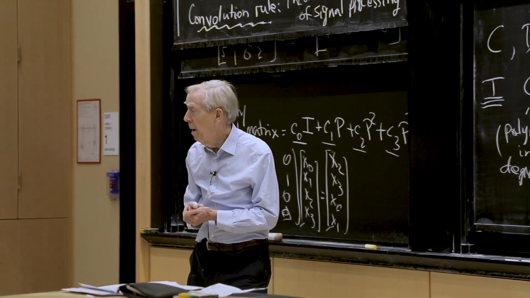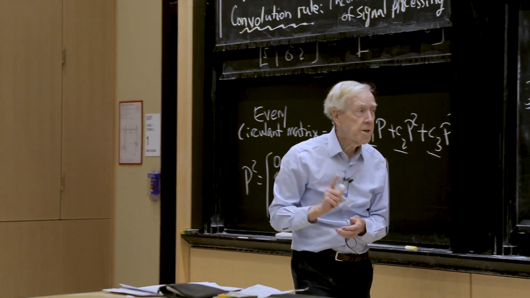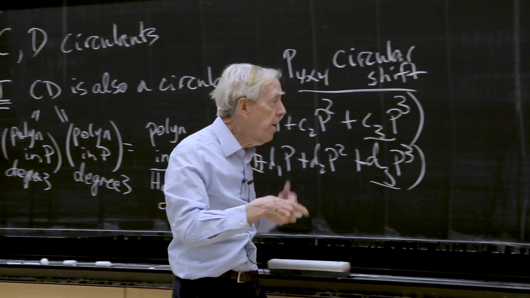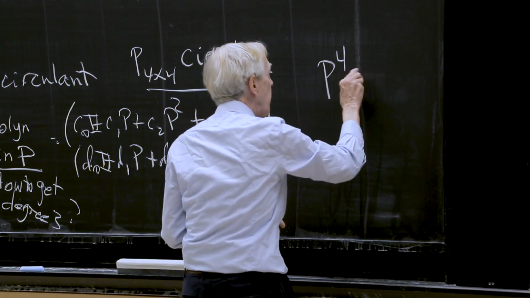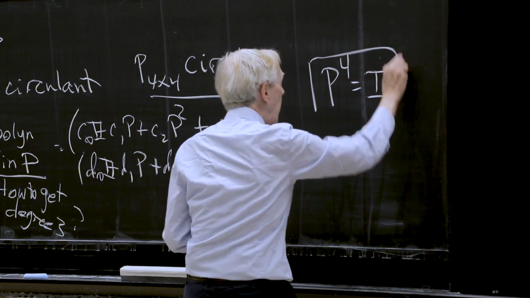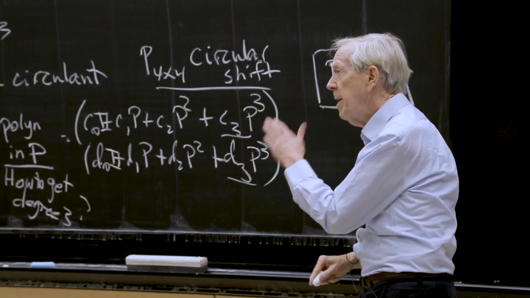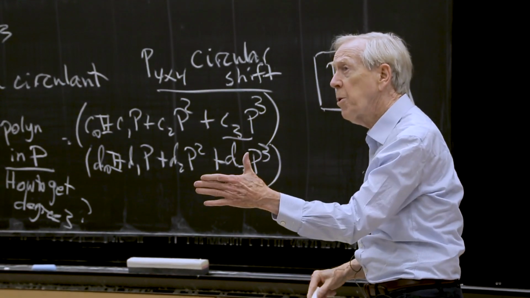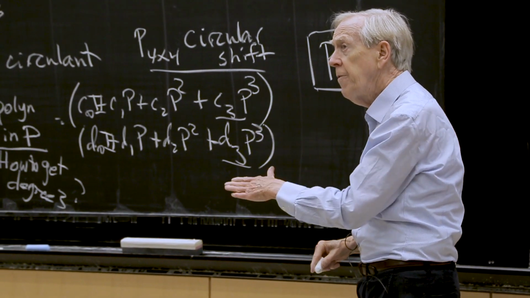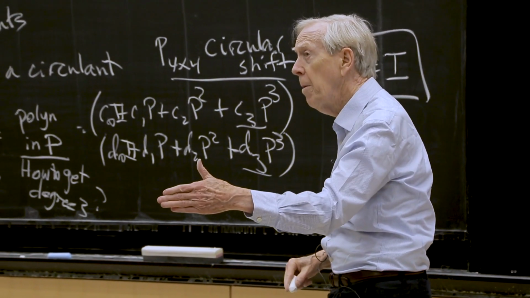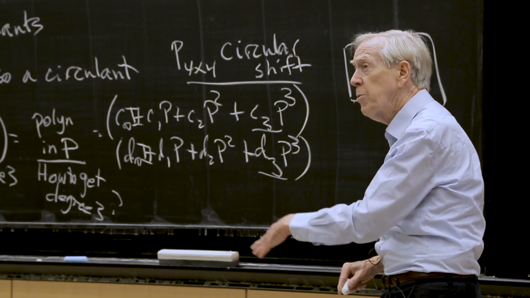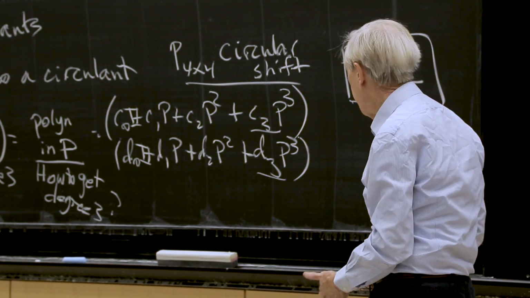Is P to the 4 equal to the identity? Yes, that's the key. That's the periodic part. P to the 4 equals the identity. So the P to the 6th term is really a P squared term, the P to the 5th term is really a P term, and the P to the 4th term is really a P to the 0 term.